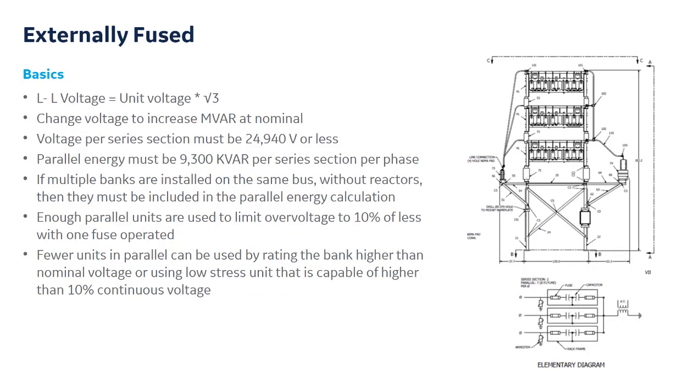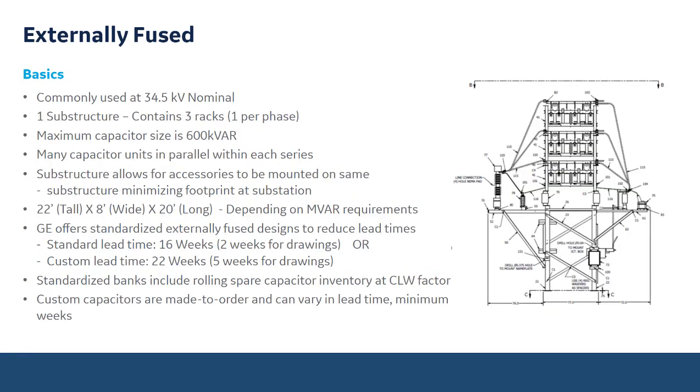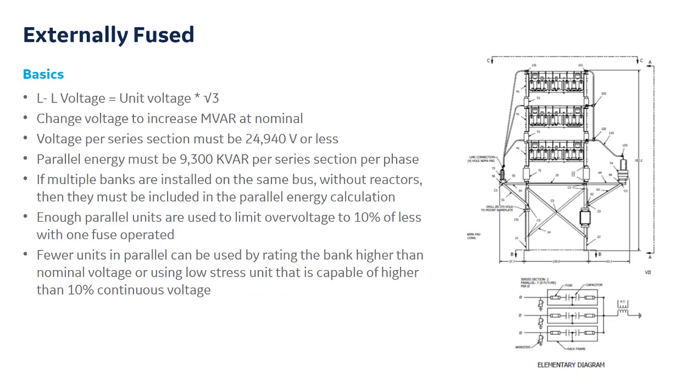So this is another example of an externally fused bank. But what you see here, the first example, go back, the first example is each phase is one parallel, and you had 12 in series. And here you have two series sections, and that's what our elementary diagram is identifying here.